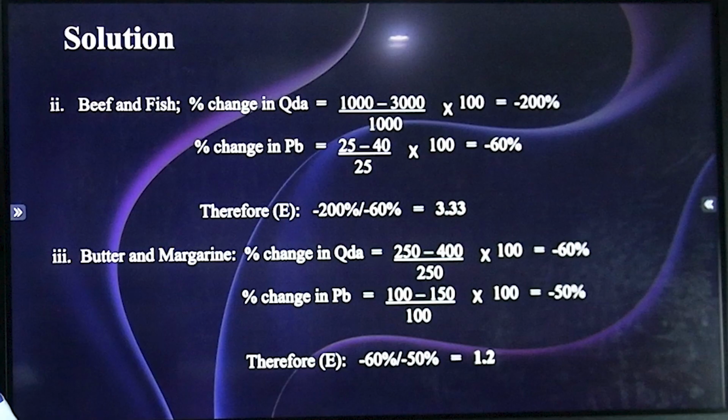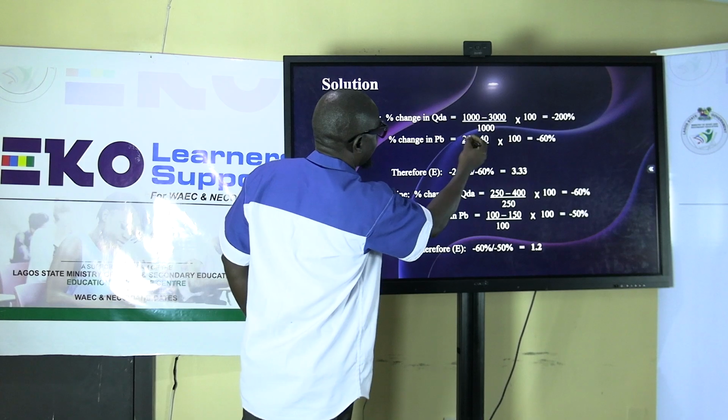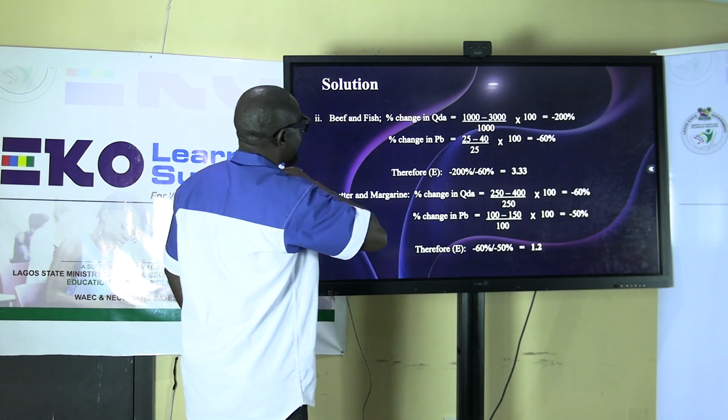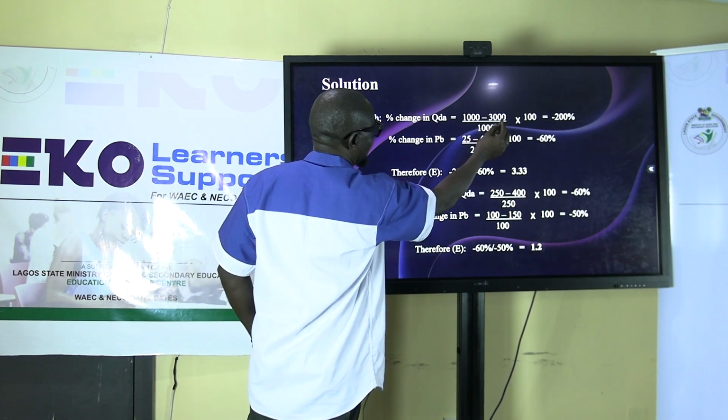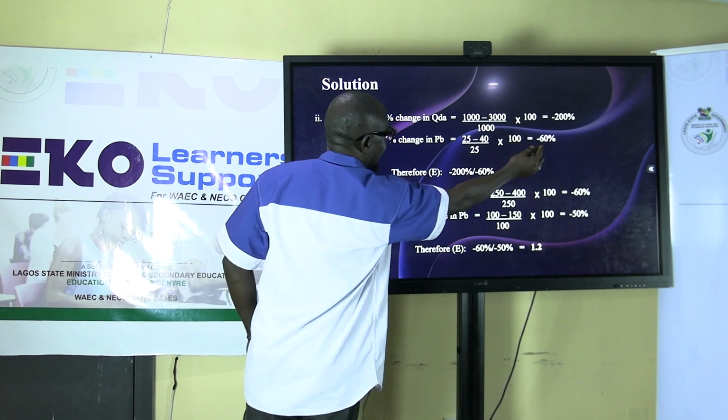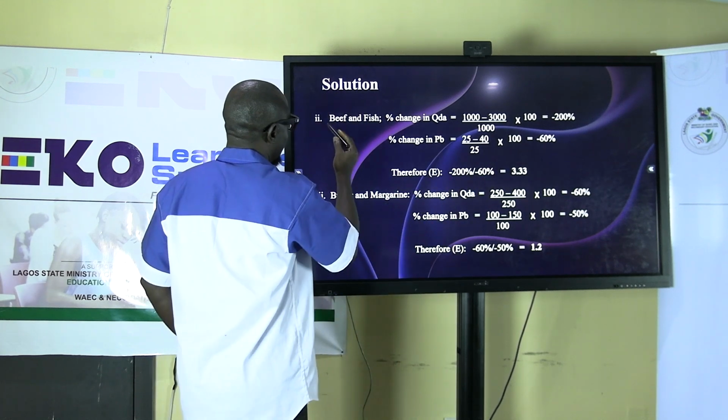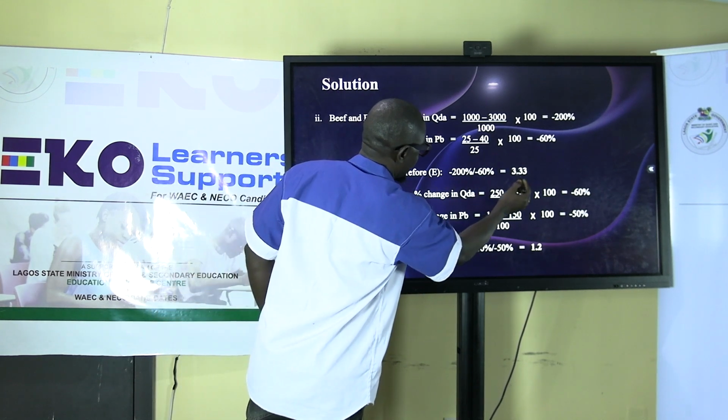If you input those figures, the ratio of the change in quantity for fish from 1,000 to 3,000 gives us a 60% change.